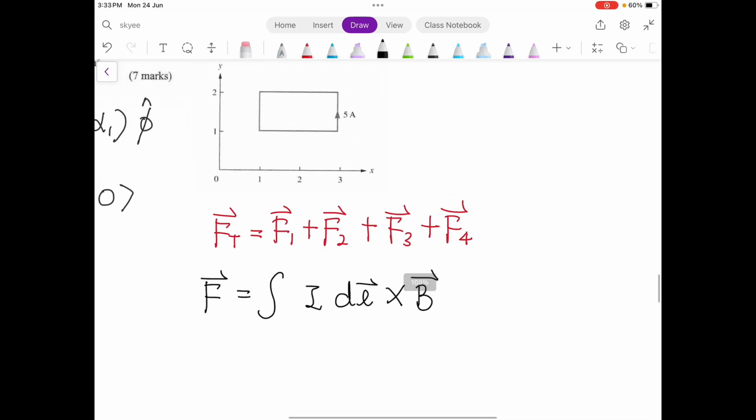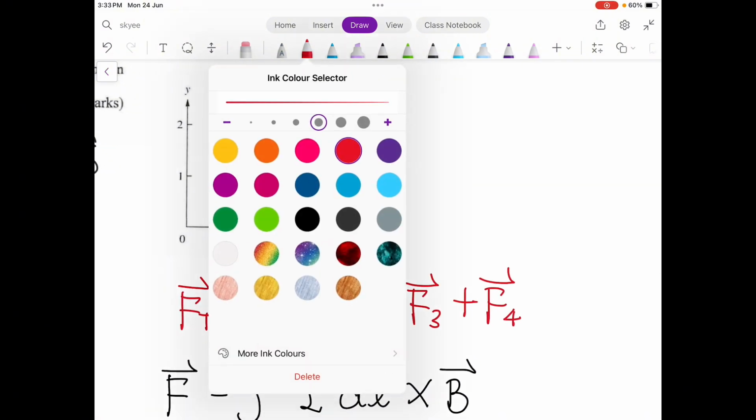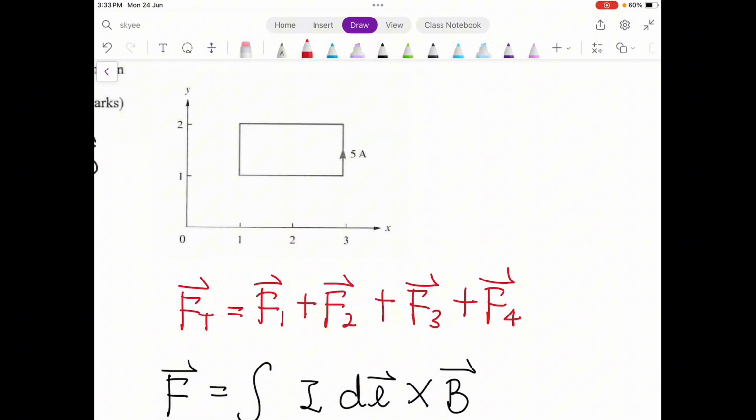Now let's look at where F1, F2, and F3 are. So I would label them like this. First of all, I label the points: this is point A, B, C, and D. So the current flows in these directions. So this one will be F1, this one will be F2, F3, and also F4.